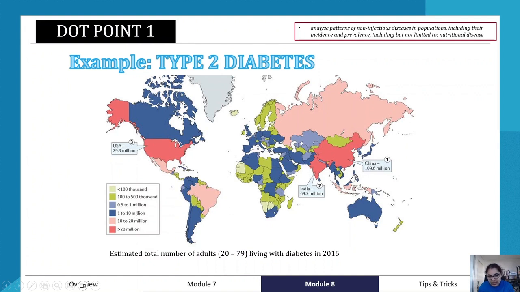Then we are seeing rising cases in South America and in Europe, with Russia, and then 1 to 10 million in parts of America, Australia, parts of Africa, and South America, and then pretty small and controlled numbers in certain parts of Africa and certain parts of Europe as well. Okay, moving on then.